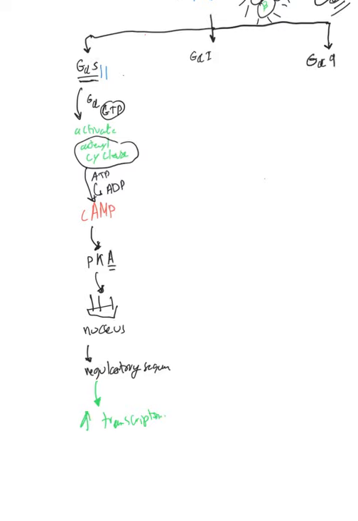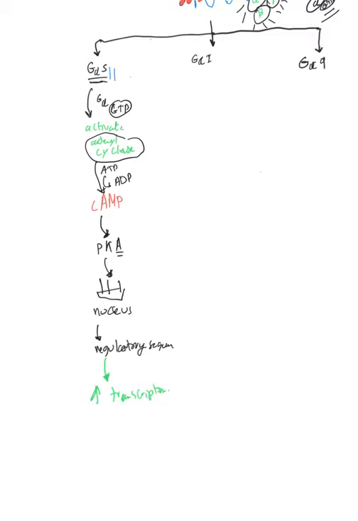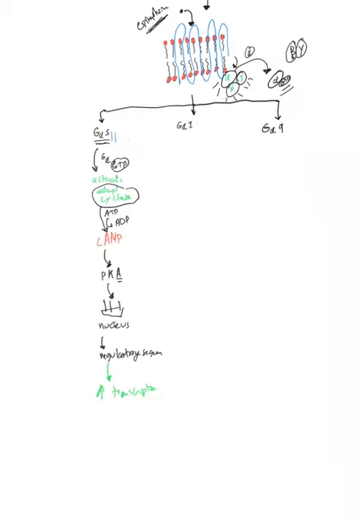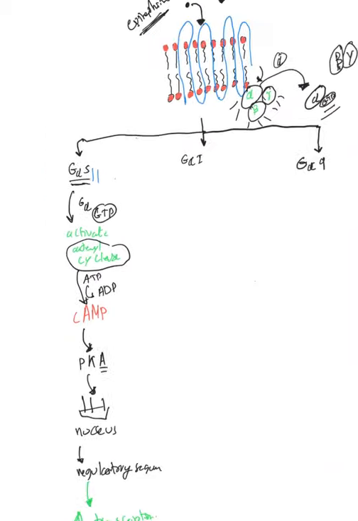So the gene will be expressed and translation will occur, producing protein that is really necessary for this particular situation. So this is for the GS pathway.